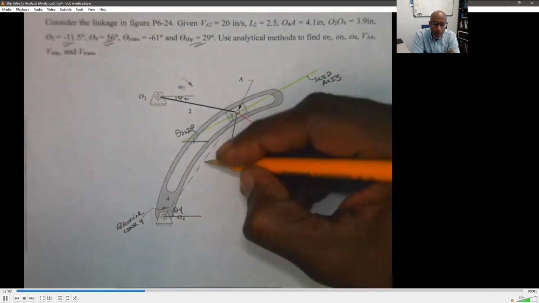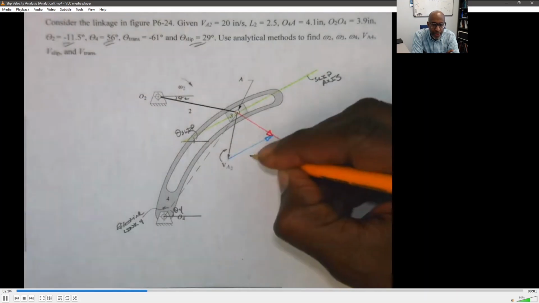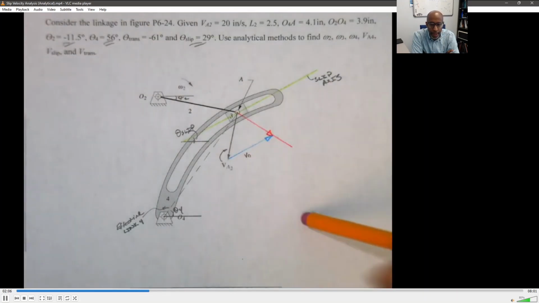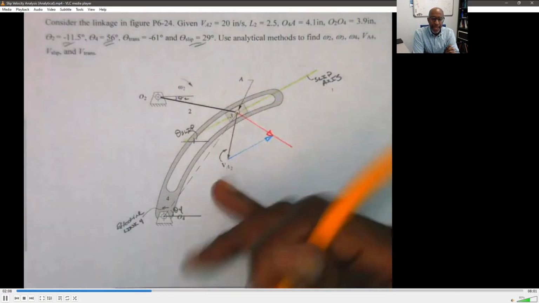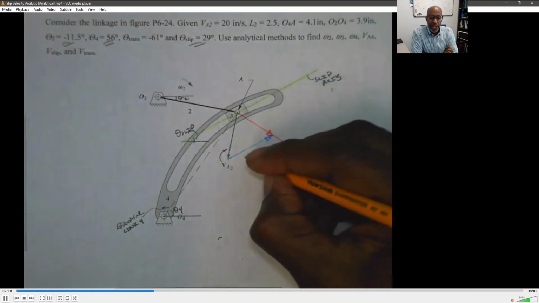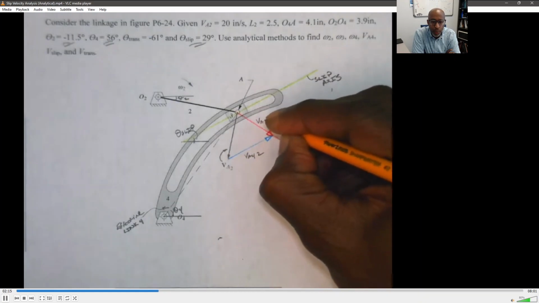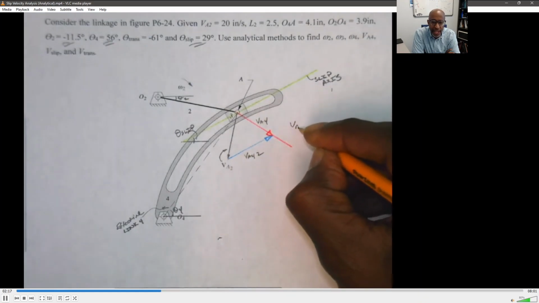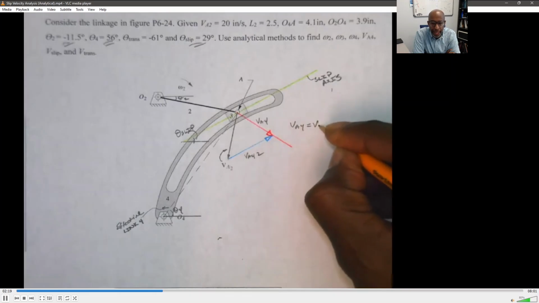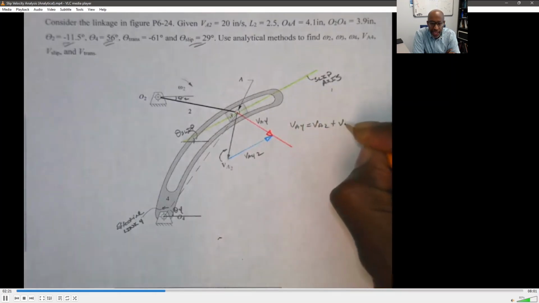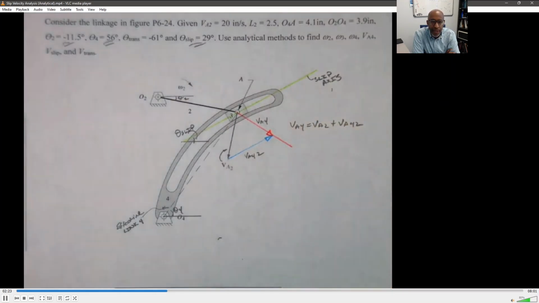VA4 and VA42 always have their heads at the same spot based on our vector addition. VA2 plus VA42 equals VA4. We drew our VA4 a little long, so I'm putting the head of it back there because VA4 equals VA2 plus VA42. VA42 and V slip are the same.